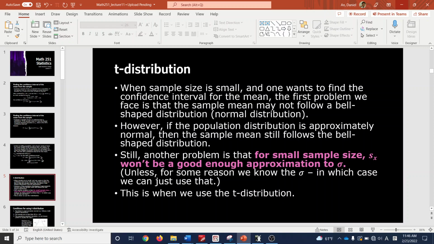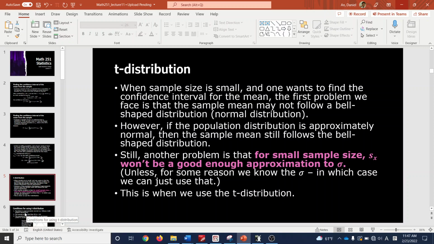So to solve this problem of not knowing the population standard deviation, there was a person writing under the pseudonym of Student who made this new kind of distribution that gave us a better idea of what to do, and that's called the student's t distribution, or just t distribution.